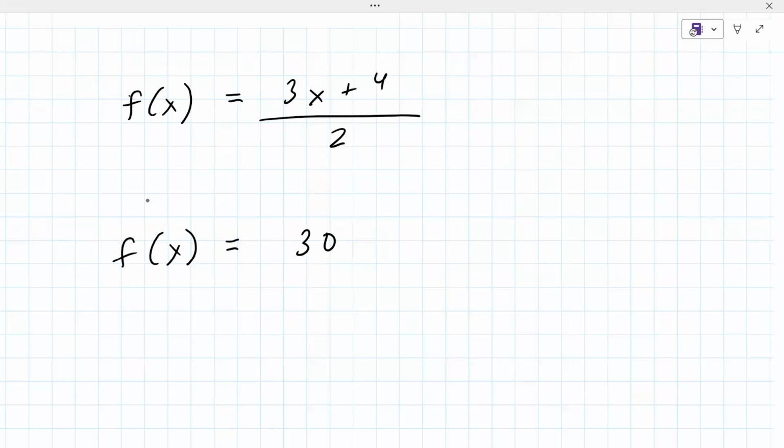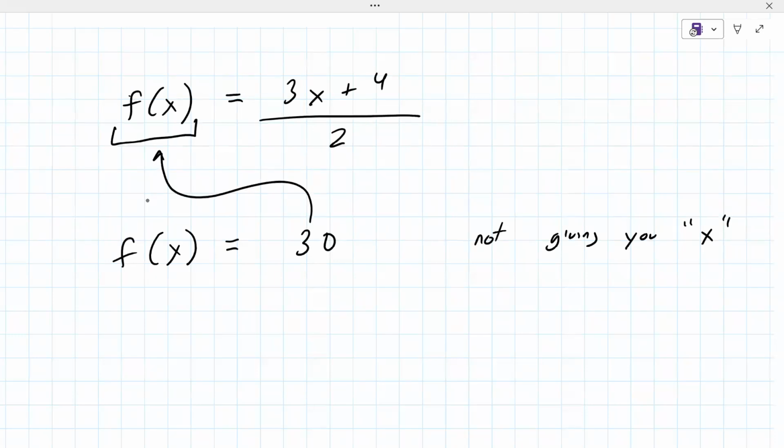So what this means is that they're not giving you x, they're actually giving you the output. So you set the equation equal to 30.